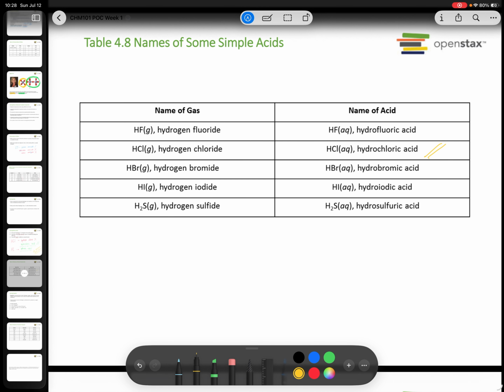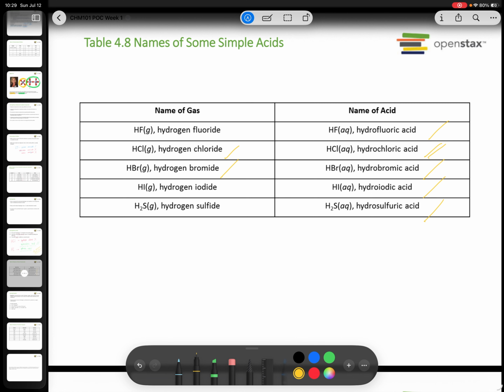So, kapag sila ay pure gas, no? Ganyan lang sila, hydrogen chloride, hydrogen bromide. So, para silang yung sa ionic compounds, no? Pag gas. So, kapag acid sila, ito sila, hydrobromic, hydroiodic, hydrosulfuric, and we have hydrofluoric acid.